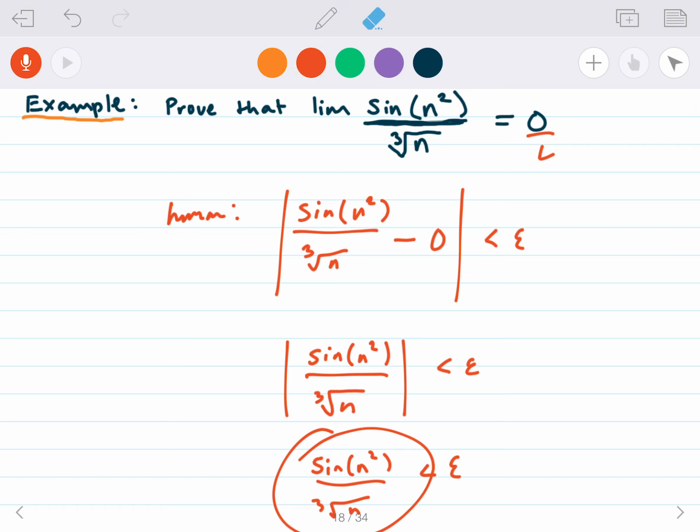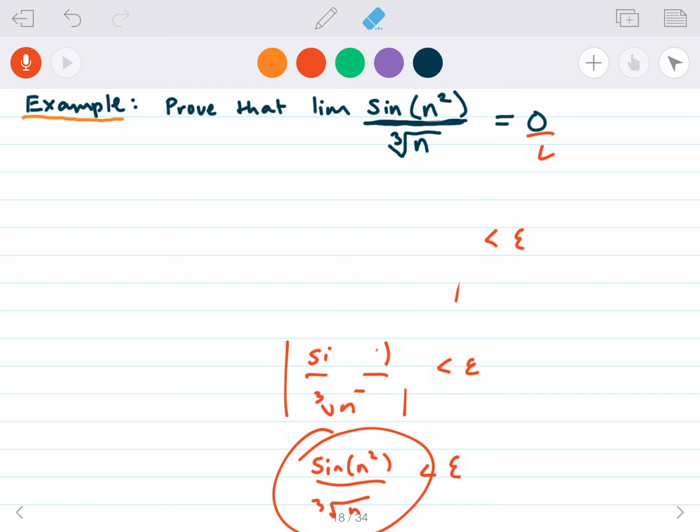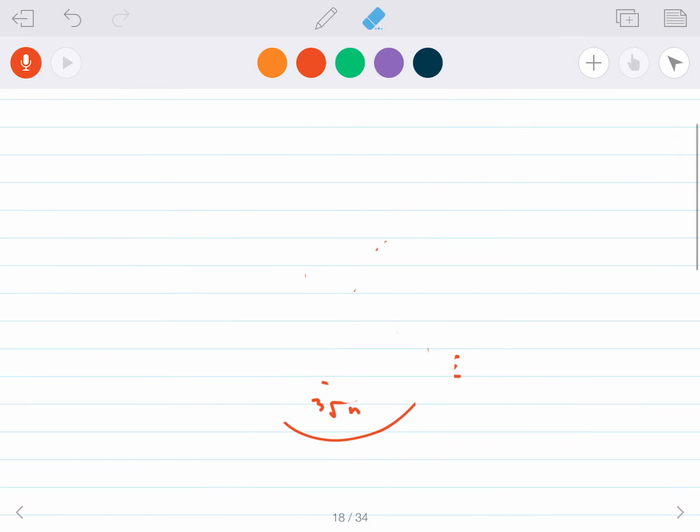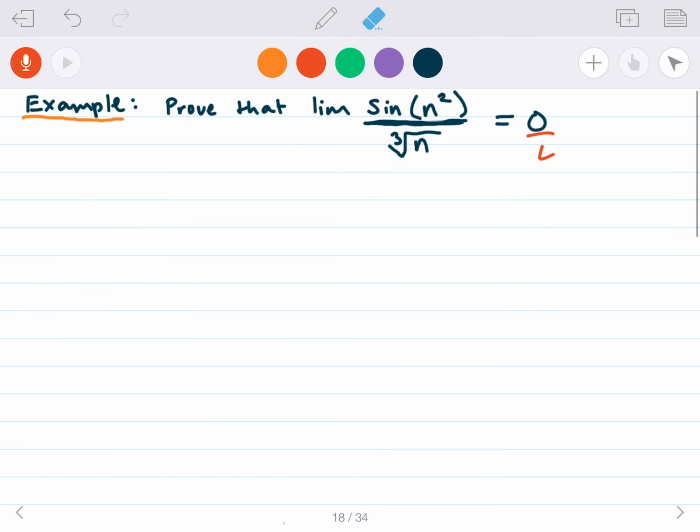So we have to figure out a different way to proceed before we start doing the computational stuff. Okay, so we need to bound this. So what do I know about the sine function?